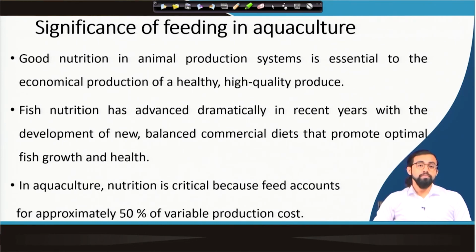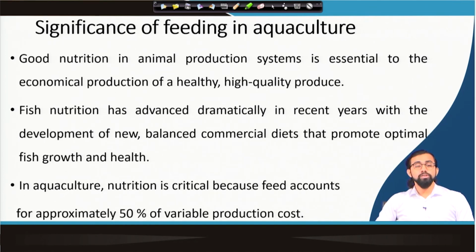Second, nutrition is critical because the cost involved with feed accounts for approximately 50% of the variable production cost of any farming system. So unless you maintain a proper nutritional balance in your feed, and have low cost but sustainable systems available for the production or at least the supply of the feed, it can cost you a lot.